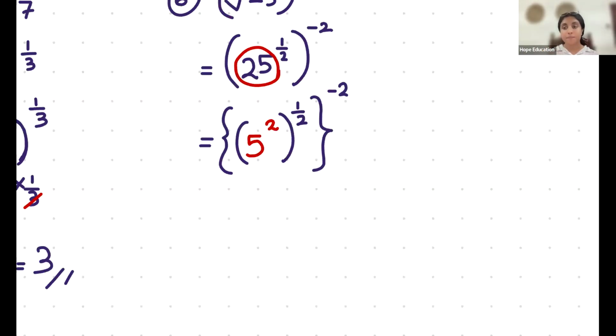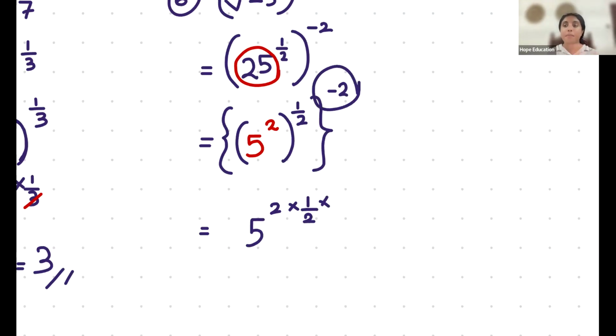Denuri, Chenuli? Okay, now all powers are separated by brackets. මෙතන එක bracket එකක් තියෙනවා, මෙතන තව curvy bracket එකක් තියෙනවා. So I can write 5 to the power 2 multiplied by half multiplied by minus 2.